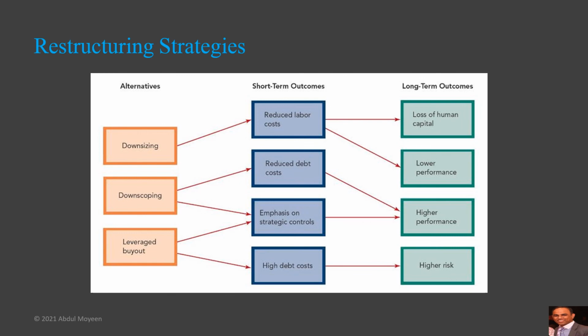So the companies need to go for debt capital, and if the company's performance has not been very good in the last few years, then this debt capital cost could be very high. So there is higher risk, but it can also improve the company's performance. Okay, so with that we finish here.